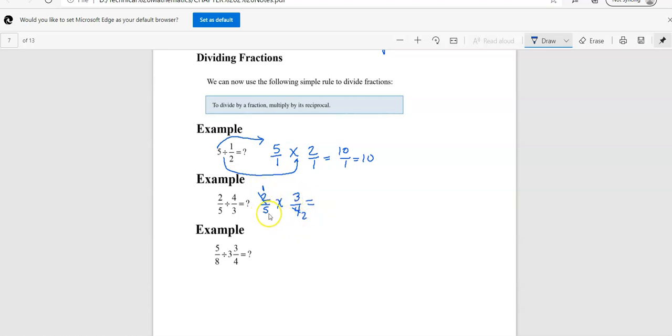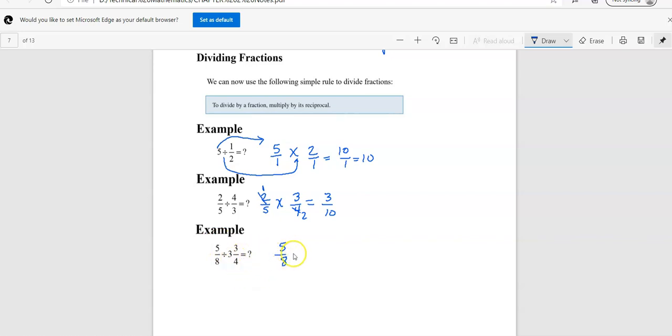The 3, there's nothing on the bottom that has anything in common with 3, so 1 times 3 is 3, 5 times 2 is 10, and then that's already reduced. There's nothing that will go into 3 that will also go into 10. Okay, now, this first part, we're going to write down 5/8.